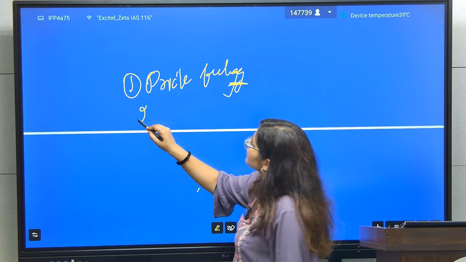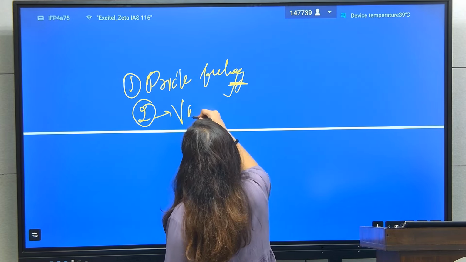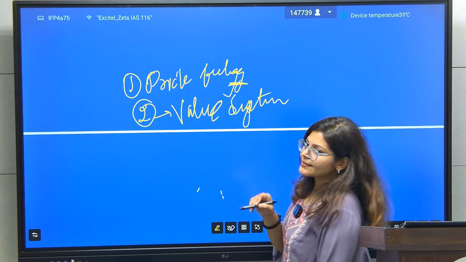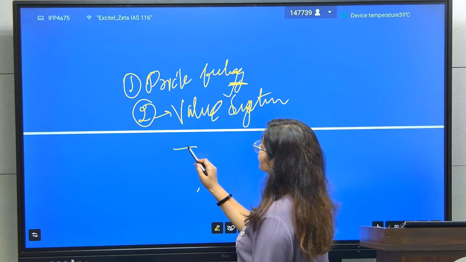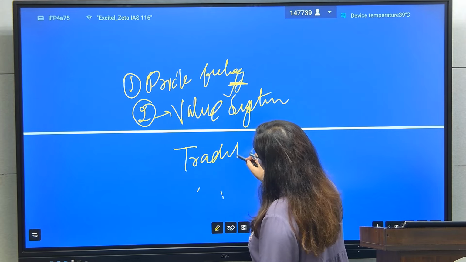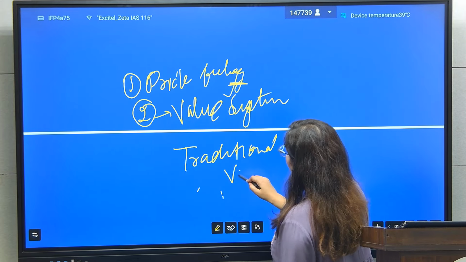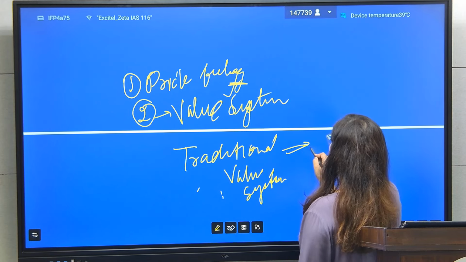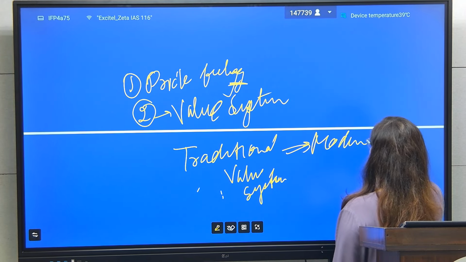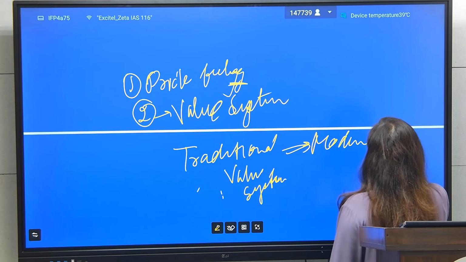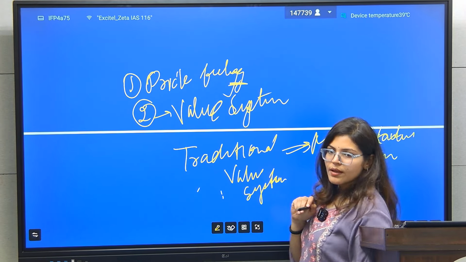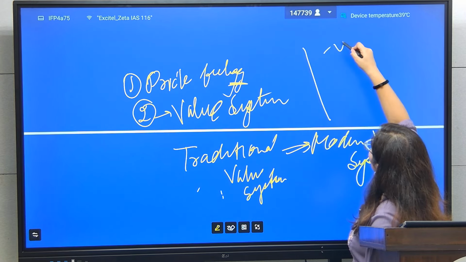Second is value system changes. It also impacts the value system, because now the traditional value system changes to modern value system. But they have the negative impact also.